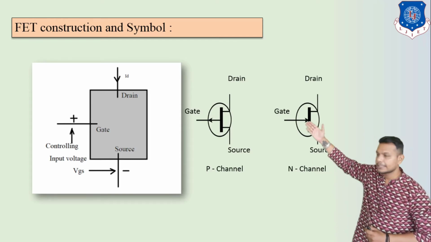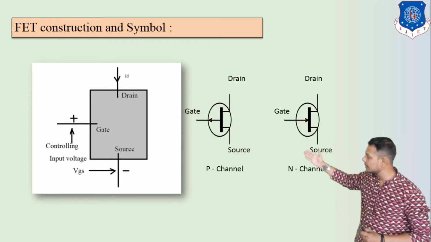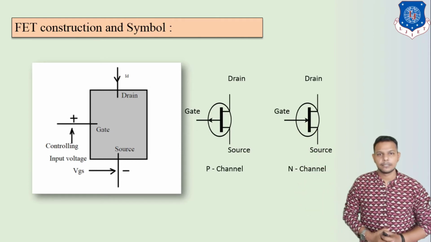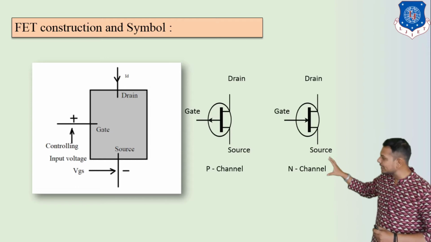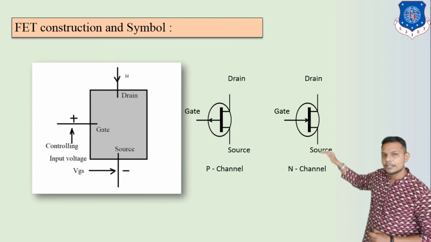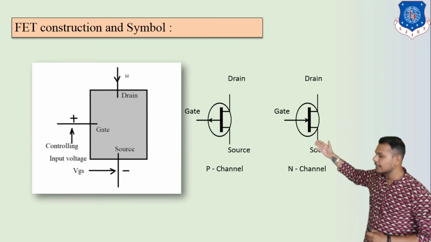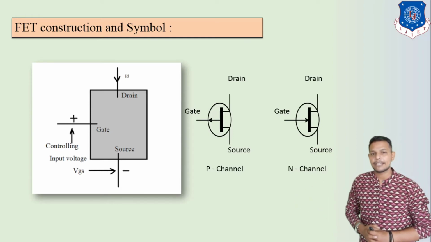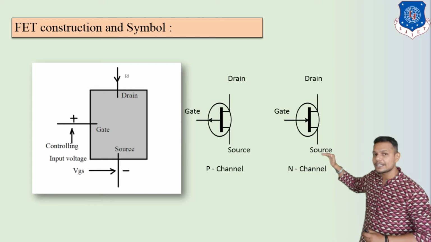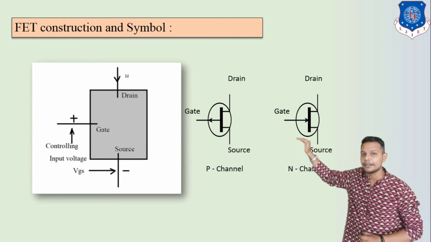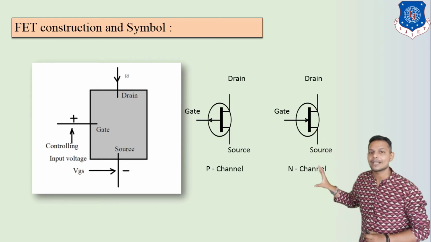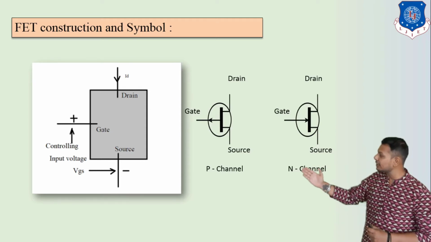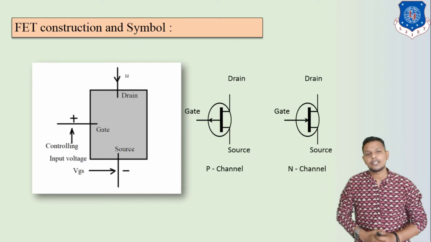Its terminals are drain, gate and source respectively. Similarly in the N channel we can see drain, gate and below it source. But here the arrow indication is coming inside. That's why it is known as N-channel JFET. So this is the difference between N-channel and P-channel JFET.